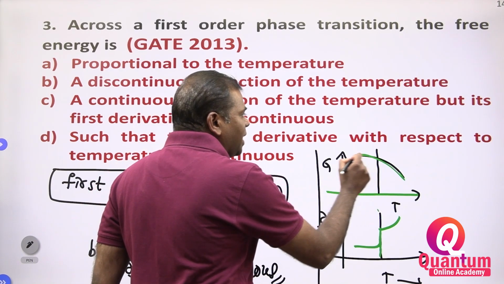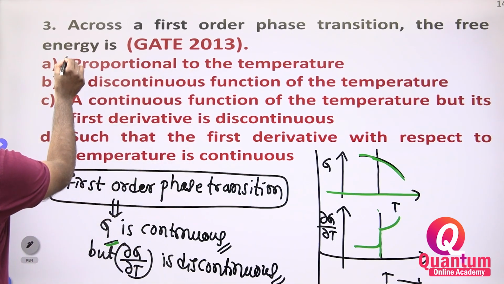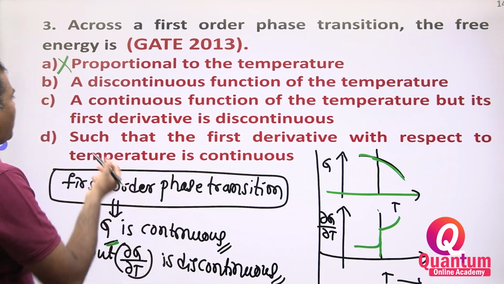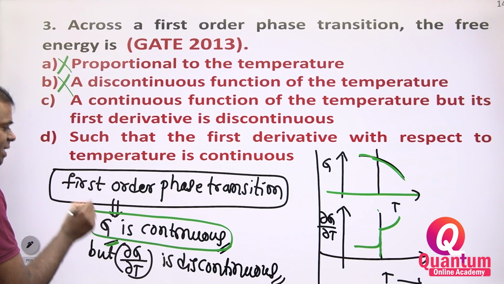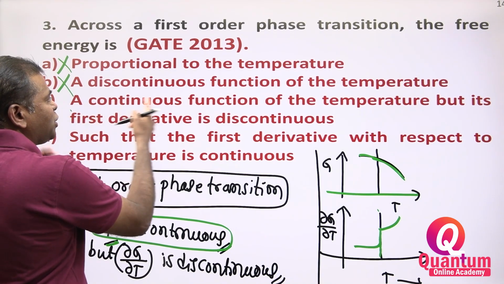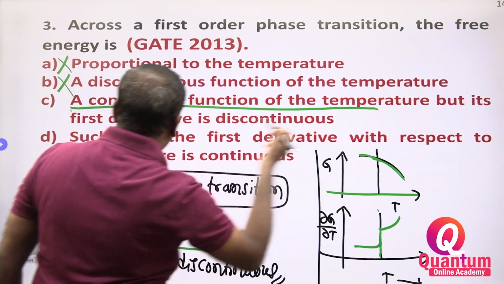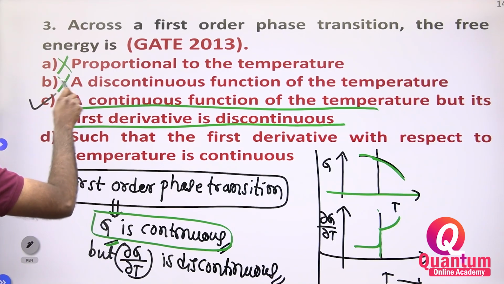Here it is continuous. Now you have to see. Proportional to the temperature, wrong. A discontinuous function of the temperature is wrong, because the function of the temperature is continuous. A continuous function of the temperature, but the first derivative is discontinuous: option C is correct.